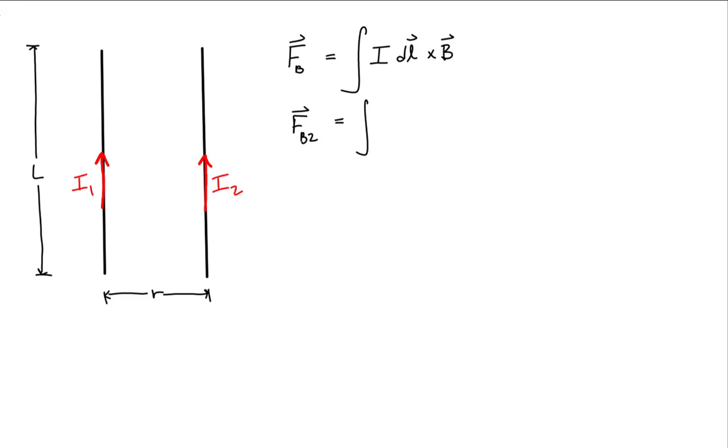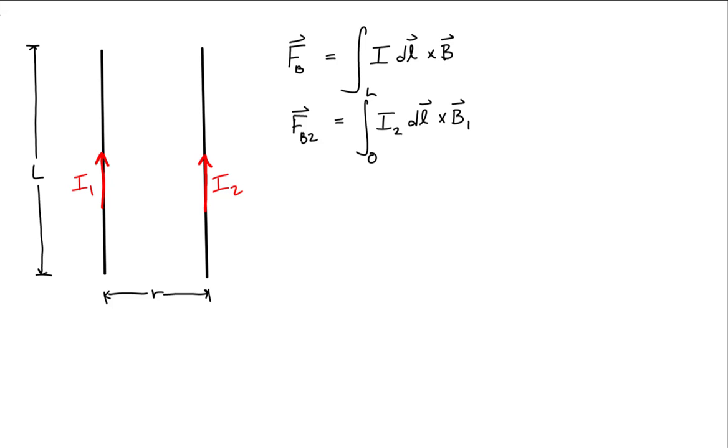That magnetic force on wire 2 will be given by the current in wire 2 times the displacement differential for wire 2, and this being along the length of the wire, the limits of integration will go from 0 to L, and this displacement differential will be crossed with the magnetic field generated by wire 1.